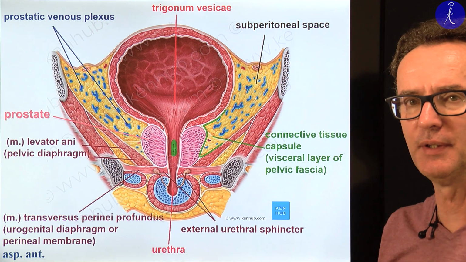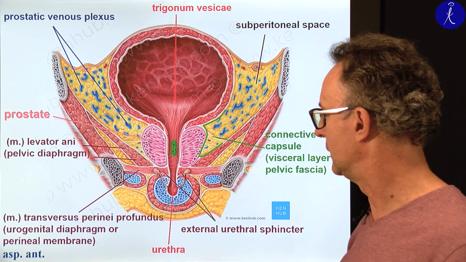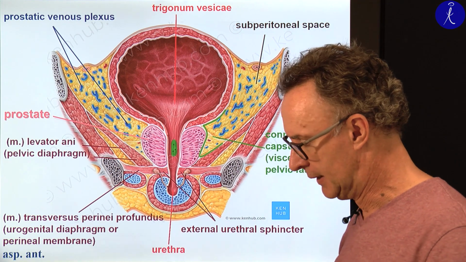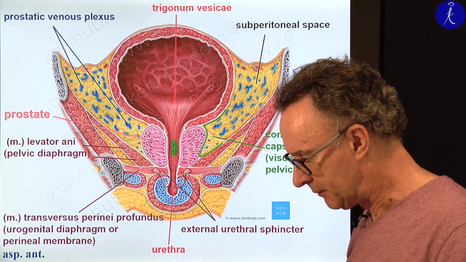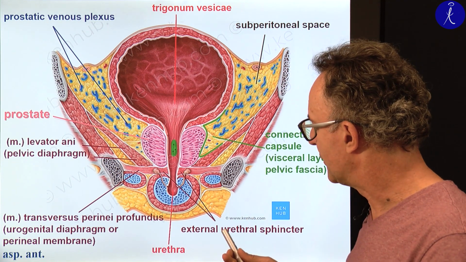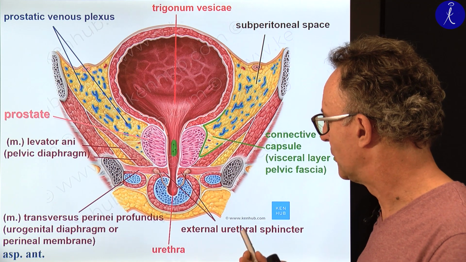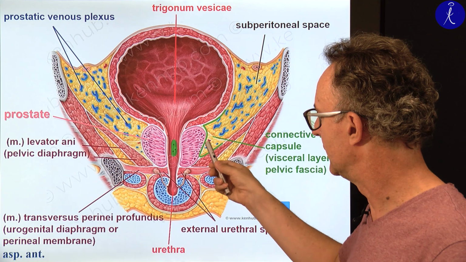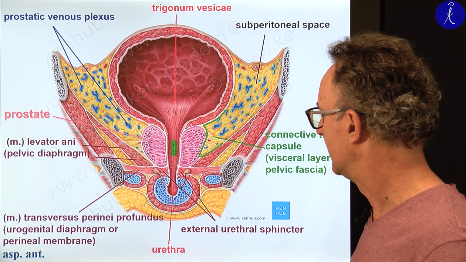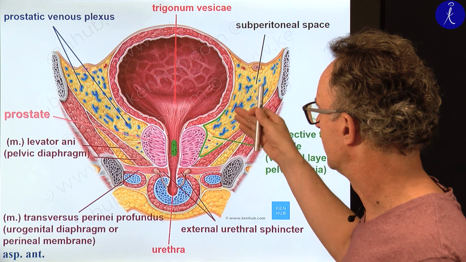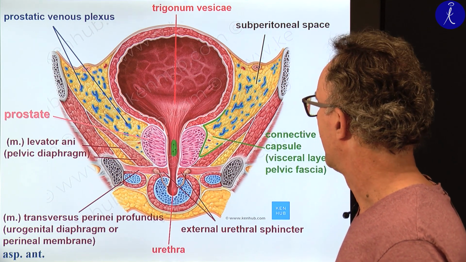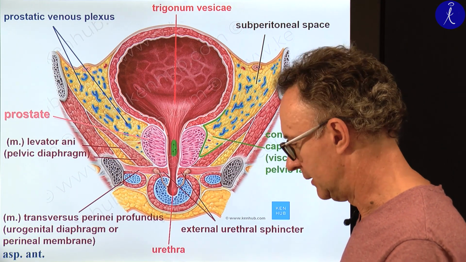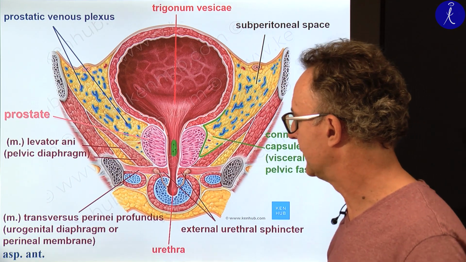In histology, we don't teach any capsule on the prostate, but from a clinical aspect it's quite important because in case of the cancer we have much worse prognosis if the cancer cells invade the capsule-like covering and spread to the subperitoneal cavity. That's why we have to know this, and in clinical practice it would be important for the staging of the prostatic cancer.